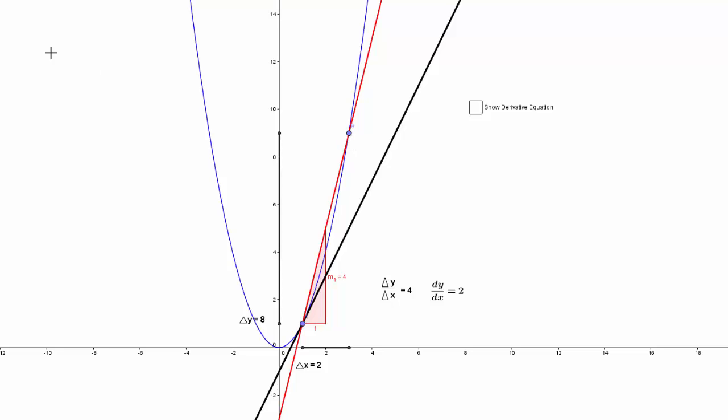As I move my point B closer and closer to my point A, you can see my delta x gets smaller and my delta y gets smaller. Ordinarily you might be concerned. If I make point A and point B very close together, my delta x gets very small, and therefore my denominator gets very small.